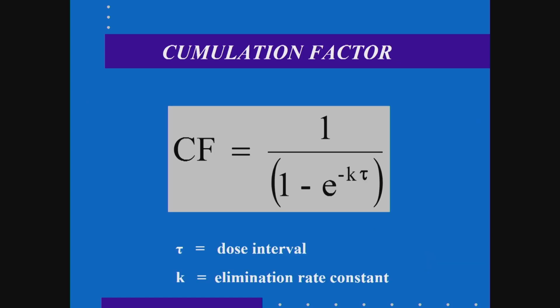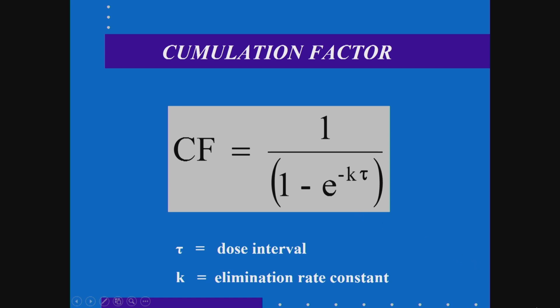Now, there is another approach, of course, to estimate the extent of drug accumulation using this accumulation factor that is shown here. This parameter tau is the dosing interval. In the case of our example, it was 24 hours or 1 day. And then, of course, you need to know or have an estimation of the first order elimination rate constant for that drug.